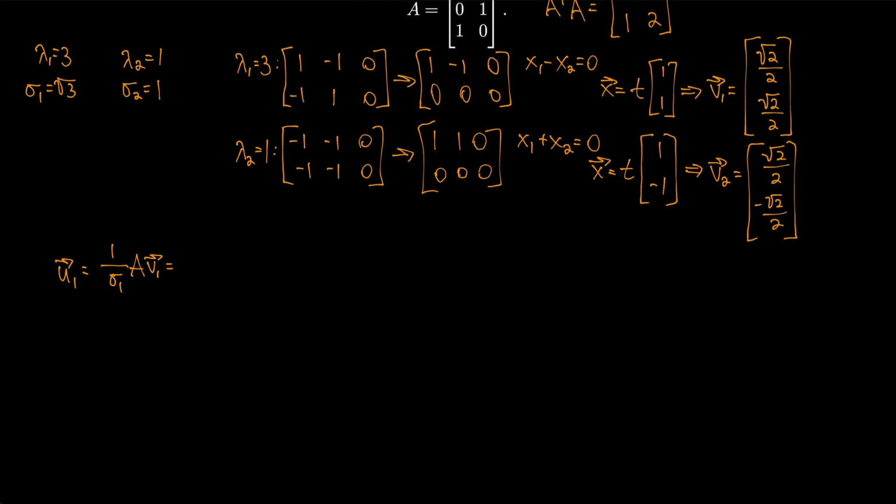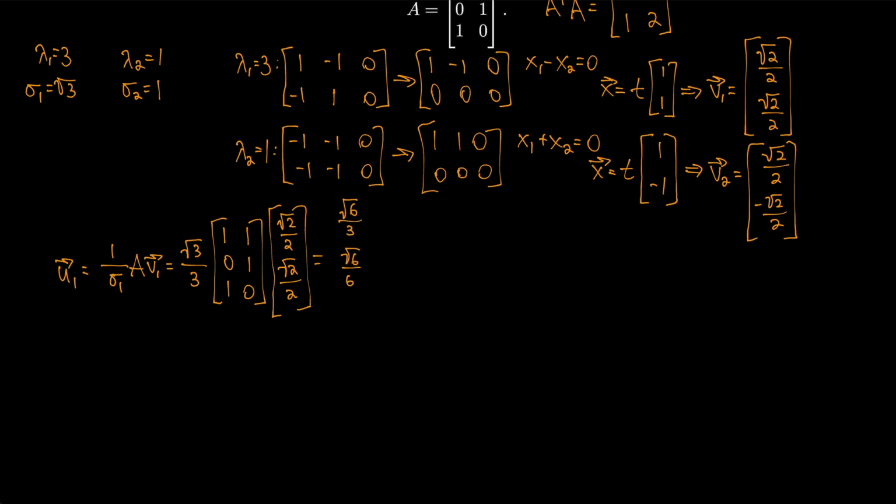So that's square root of 3 over 3 times A, which is 1, 1, 0, 1, 1, 0, and then v1 is square root of 2 over 2, square root of 2 over 2, giving us square root of 6 over 3, square root of 6 over 6, square root of 6 over 6.